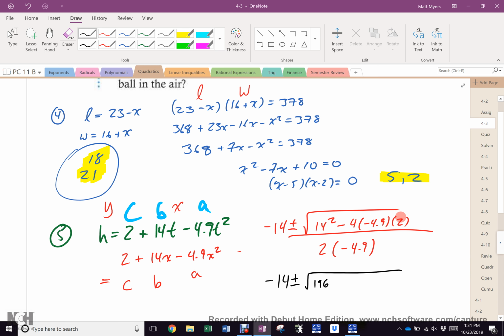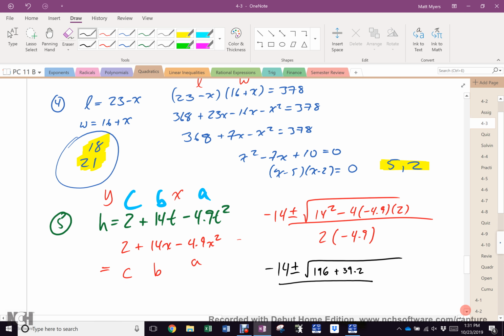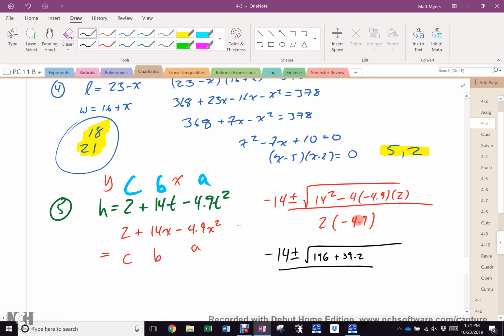You're going to get somewhere around 40 plus 39.2, because a negative times a positive is a positive, over 2 times negative 9 or negative 4.9 is negative 9.8. I would like to think that is doable in your head. Now what should you do?